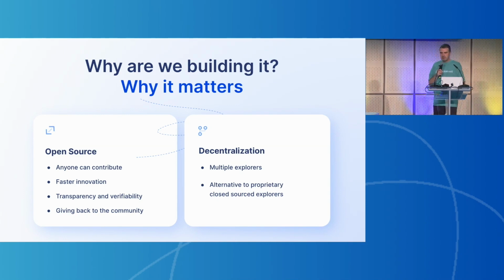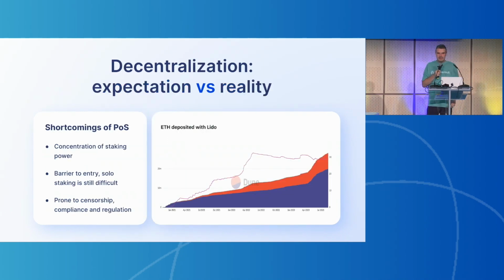So we think that it's very important for the building blocks of any ecosystem to be open source and decentralized. That's kind of obvious, but unfortunately, not that many companies and projects are following this route, right? So for us, it's the most important part of the product, and we see that it's actually getting a lot of interest, because many chains are using BlockScout as an open source block explorer, right?